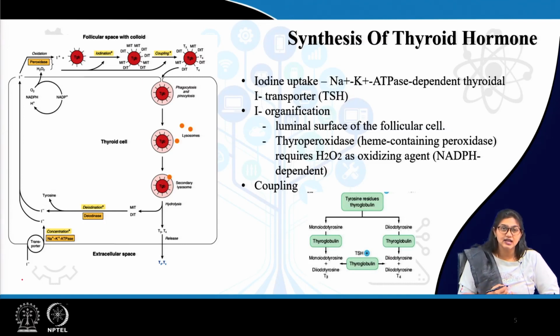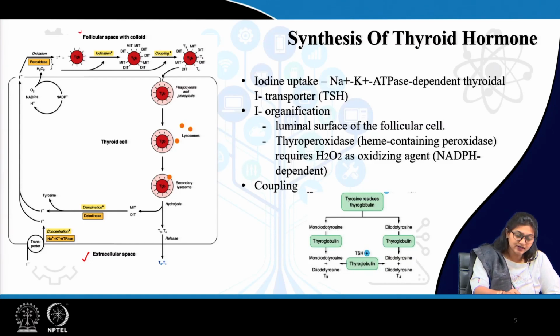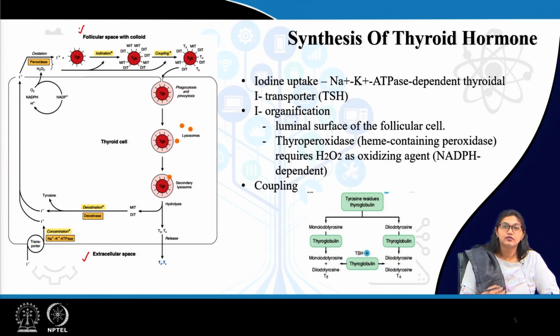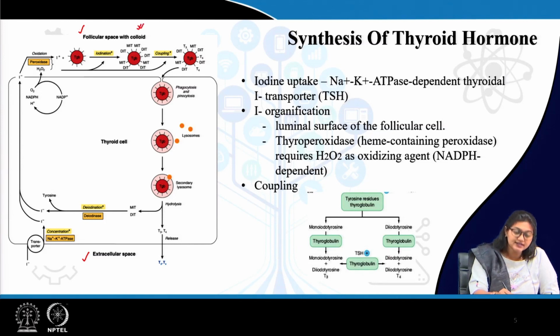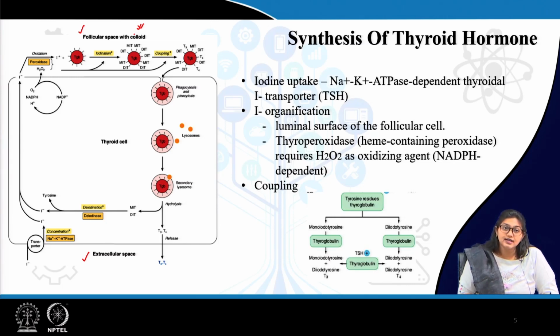Now, if we see a cell here, this is our extracellular space and this is the follicular space facing the lumen where the colloid is. Now, iodine is taken up from the extracellular space by a sodium potassium ATPase dependent transporter, the thyroidal iodine transporter.